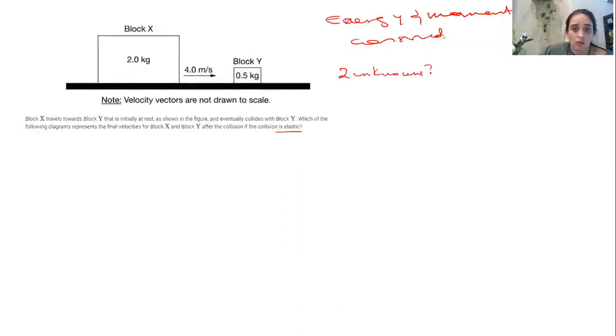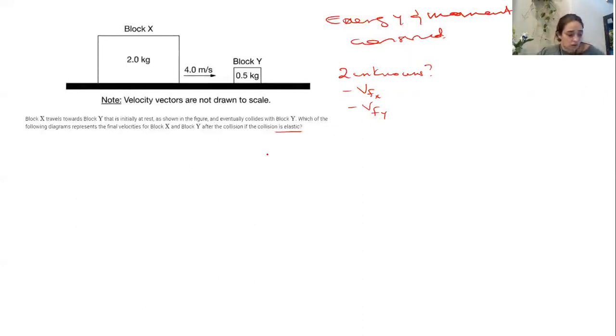The final velocity for block X and the final velocity for block Y. But using conservation of momentum alone won't help us figure this out because, like I mentioned, we would have one equation and two unknowns. So we need to use conservation of kinetic energy as well to be able to figure out both velocities, because then that way we have two equations and two unknowns.